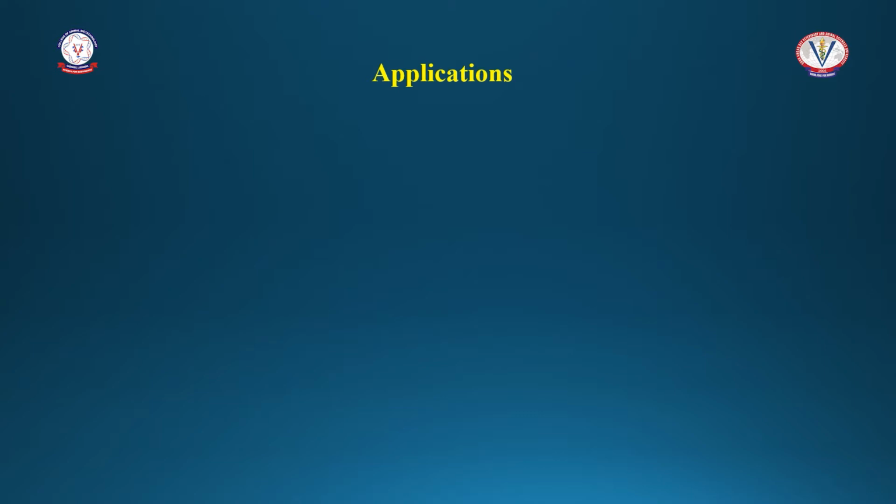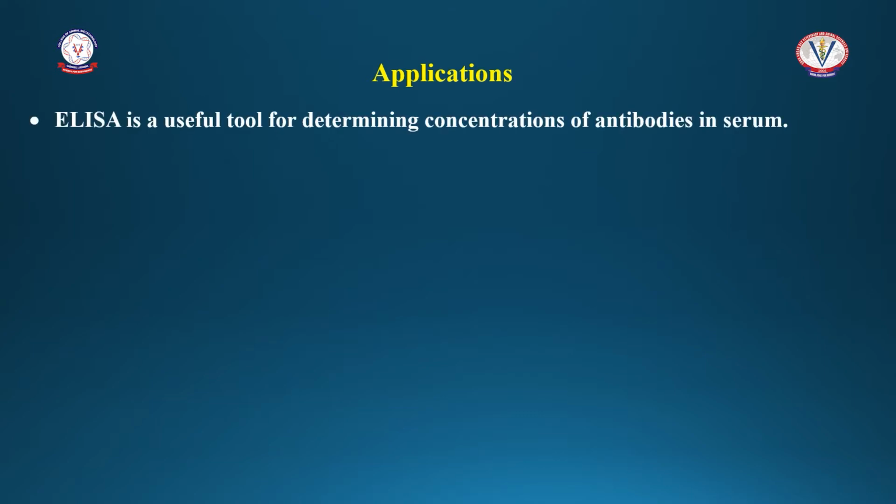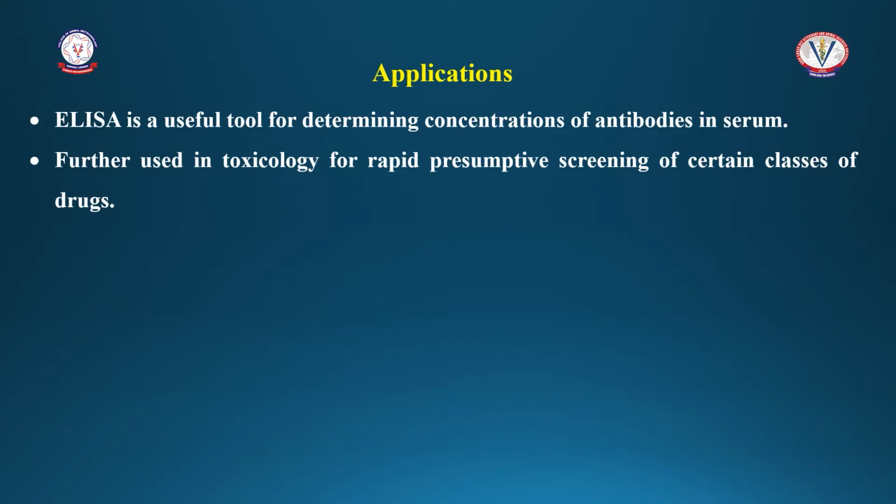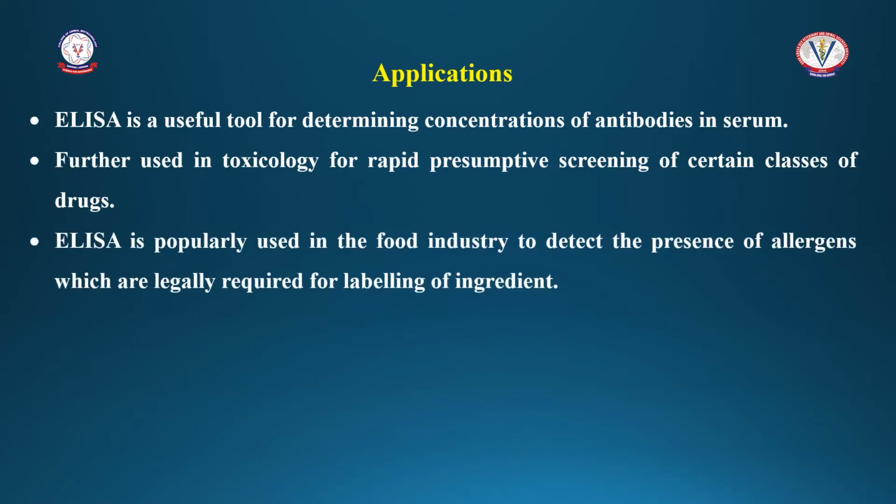If we talk about its applications, ELISA is a useful tool for determining concentrations of antibodies in serum. It is further used in toxicology for rapid presumptive screening of certain classes of drugs. ELISA is popularly used in the food industry to detect the presence of allergens which are legally required for labeling of ingredients.